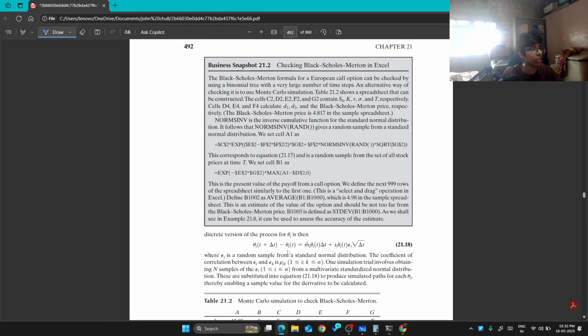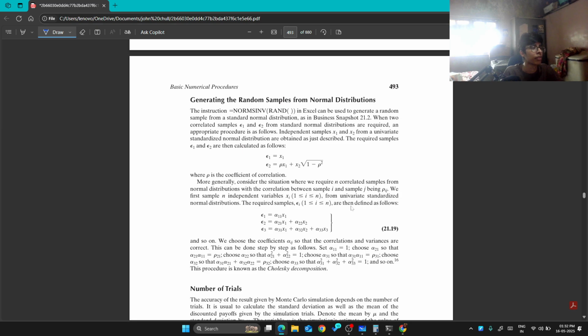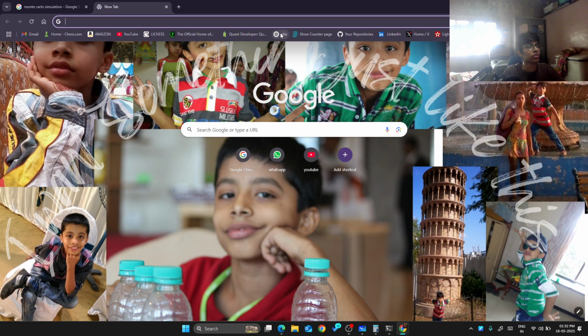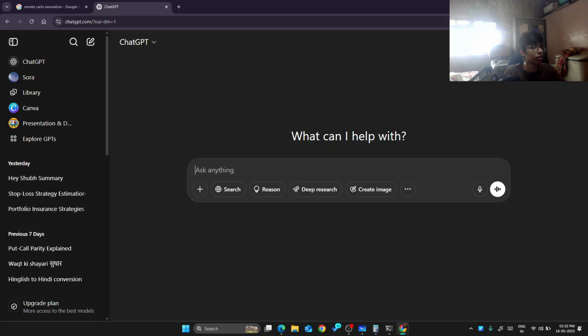But you can see that there is one univariate normal distribution, and there is another normal distribution, and the correlation between them is set by a correlation term, and this can be found from a Cholesky decomposition. And to explain Cholesky decomposition, in the book it is not explained very well.